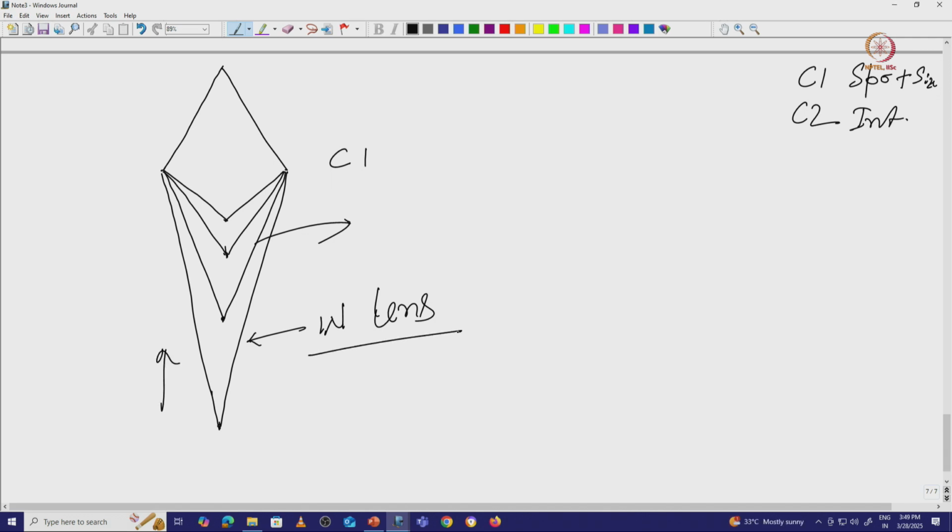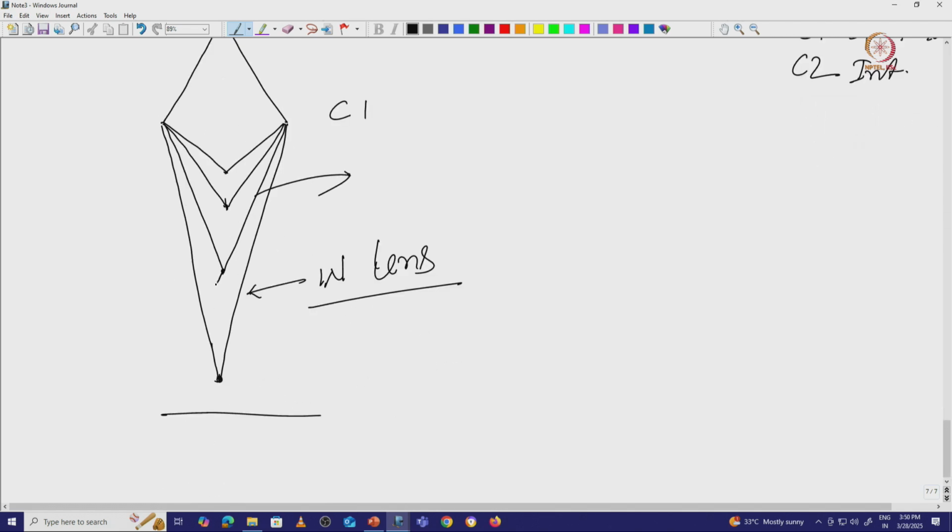When there is a weak lens system, your crossover point will be here, which is very close to the next lens or image plane. But if you gradually go up to a strong magnetic field, you can see the crossover point is going up, and these rays will come like that for the next lens, our C2 lens here. So if we are using a very strong magnetic field, your crossover point is going up.